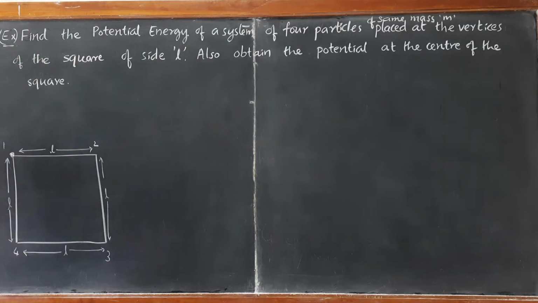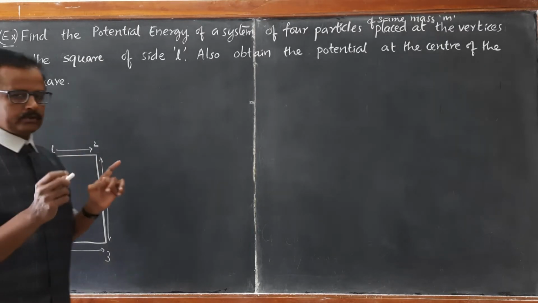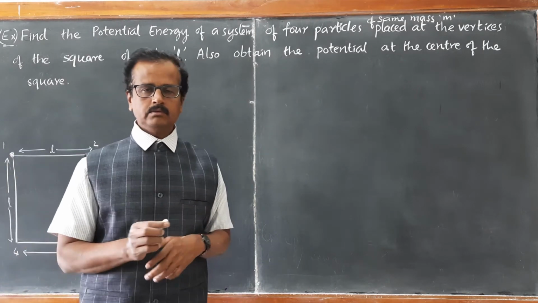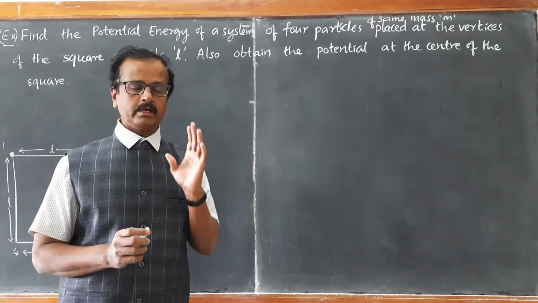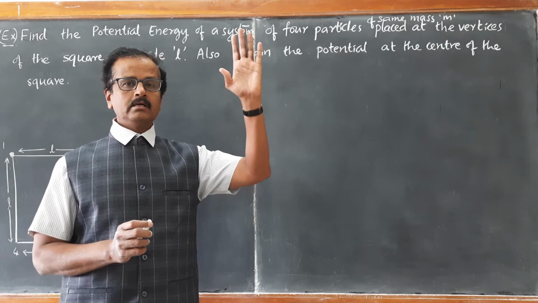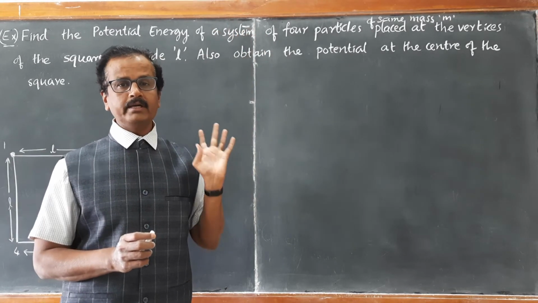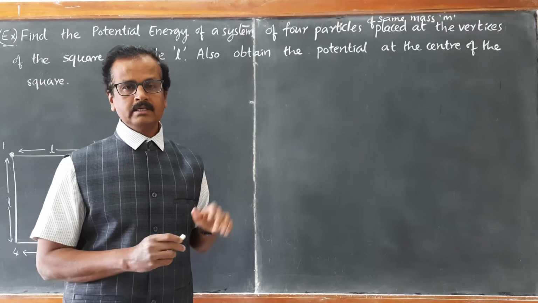Now, when the mass M is being brought, we will have to calculate the total potential energy. With the meaning of potential energy, that is the work required to be done in bringing the point mass from infinity to the point under consideration, right?